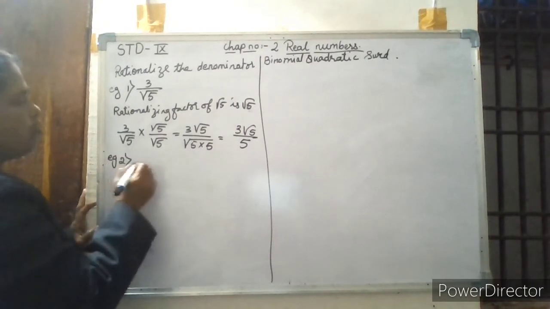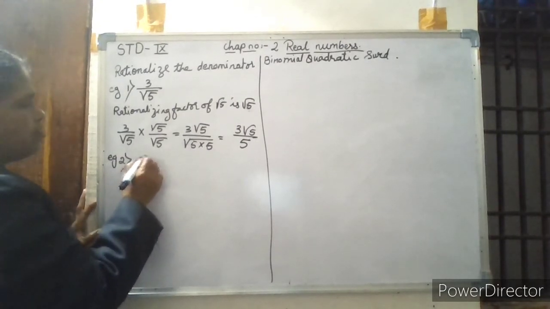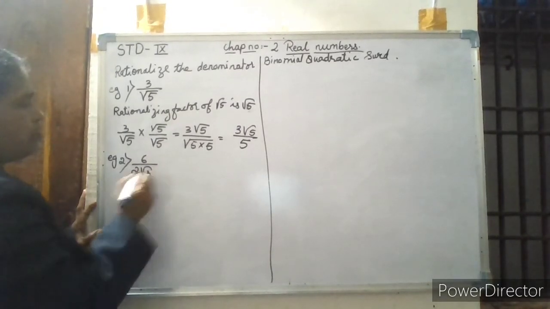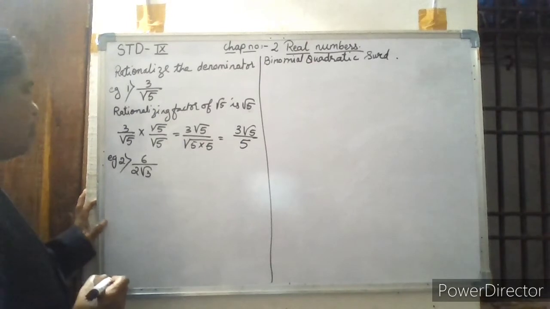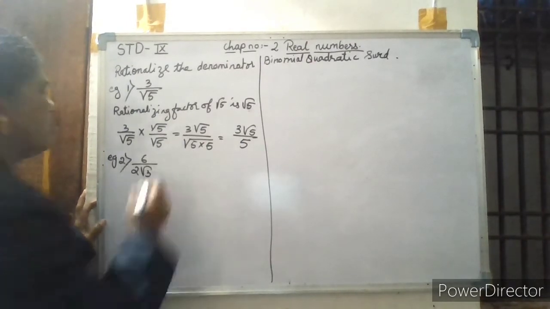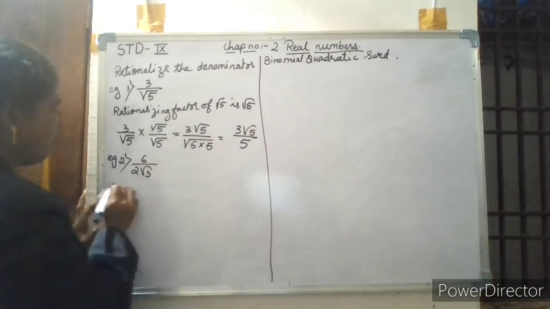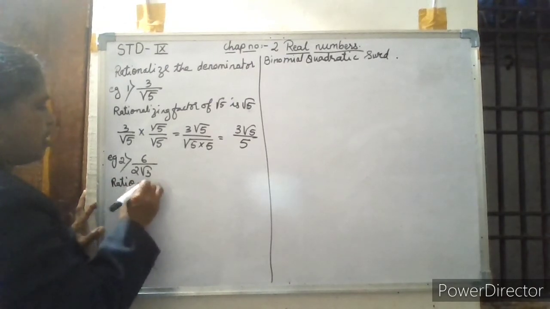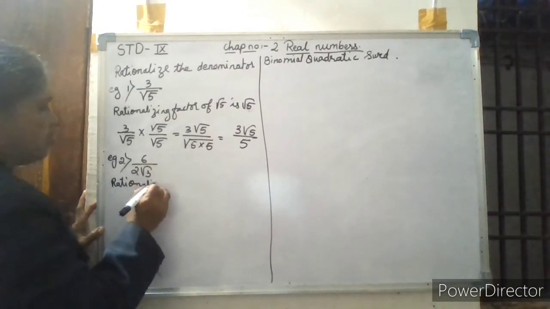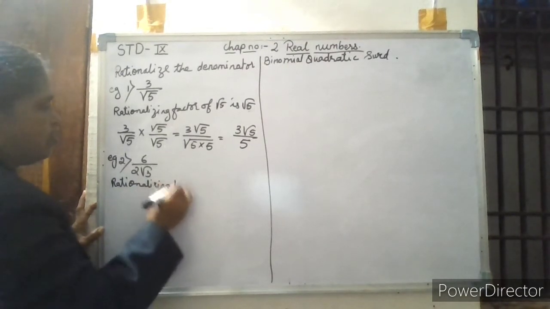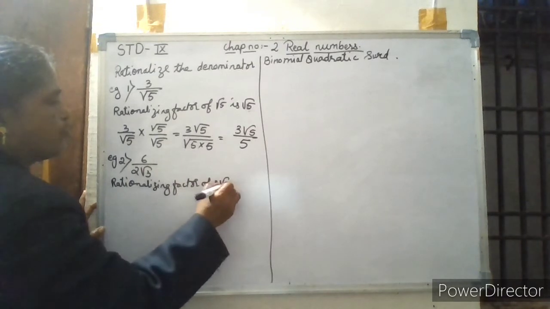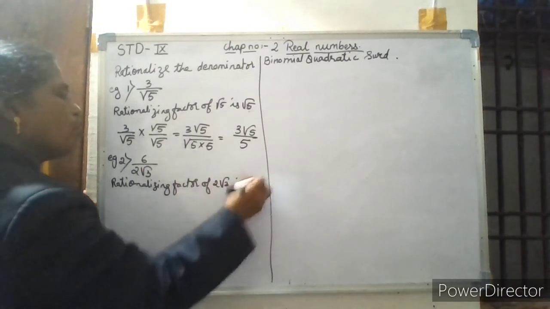Now example 2. Suppose it is given as 6 by 2 root of 3. It is given this way. Then its rationalizing factor is 2 root of 3 only.